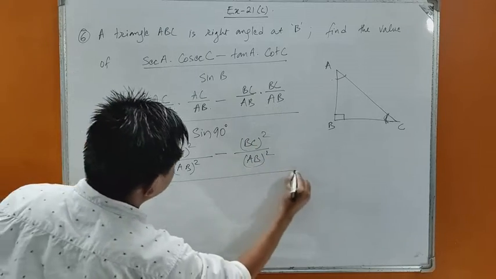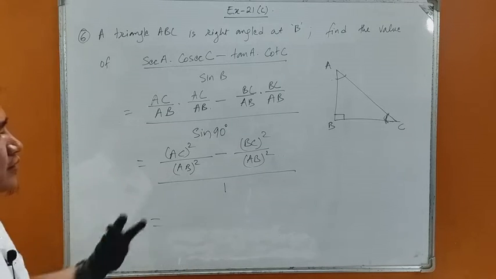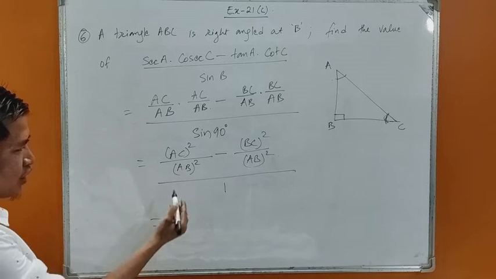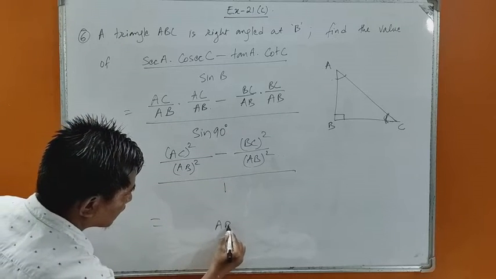In the denominator, sin 90 means 1, so no need to write that 1, since every number has 1 in the denominator. So AB square and AB square, we take the LCM, which will be AB square.